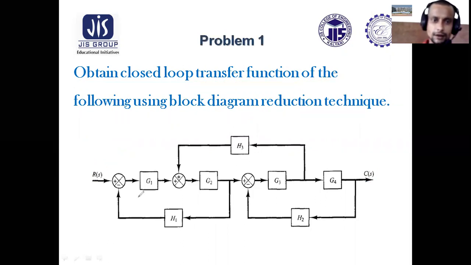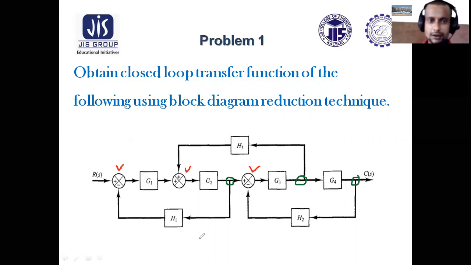See here, the block diagram shows it has some summing points. It has a few takeoff points. Now, for better understanding, let us mark all the summing points and takeoff points as shown in the next slide.